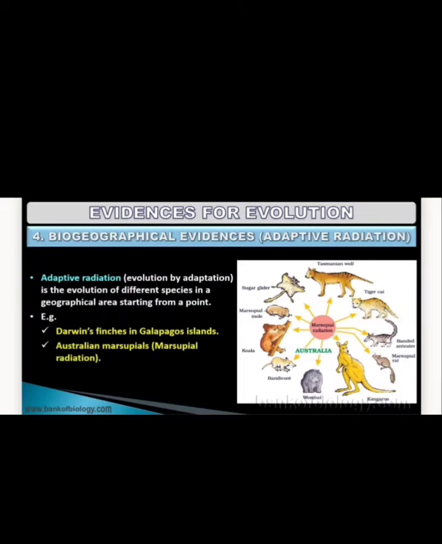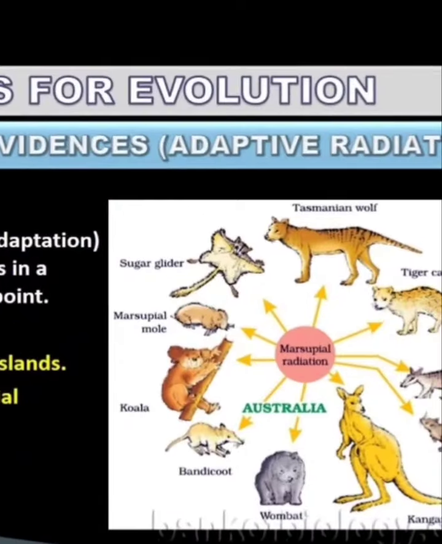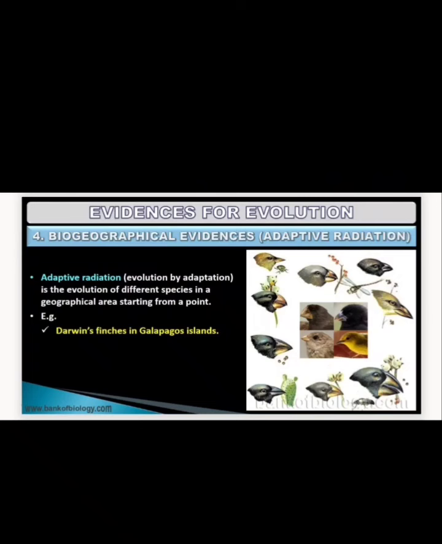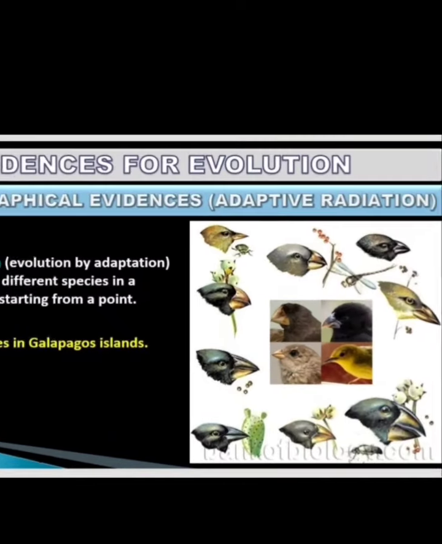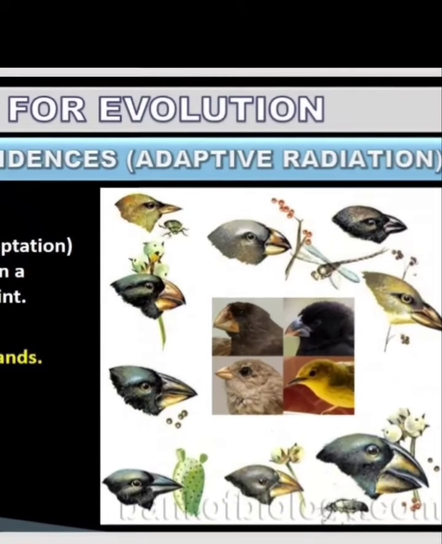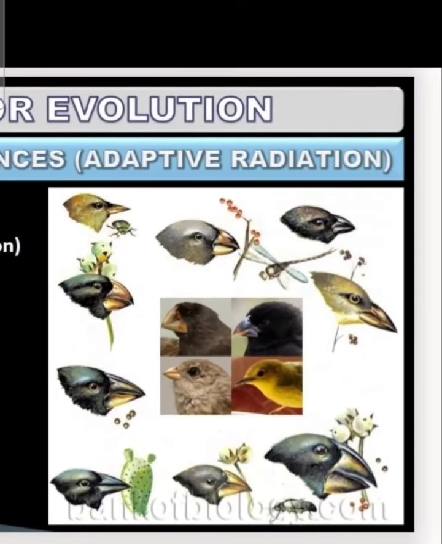We can also see adaptive radiation in the Australian marsupial radiation. What is adaptive radiation? You can easily learn it through this picture. When birds grow in some geographical area, whatever kind of seeds or food grows in that area, accordingly their beaks get adapted.